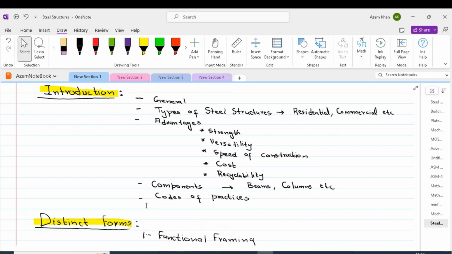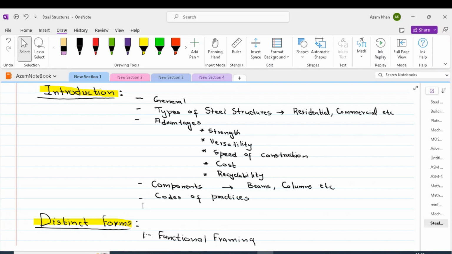Now let us discuss codes of practices. Steel, being widely used in the developing world, can be designed by using different codes of practices. The most common codes of practices are the American AISC and the European code of practice, which is called Eurocode.